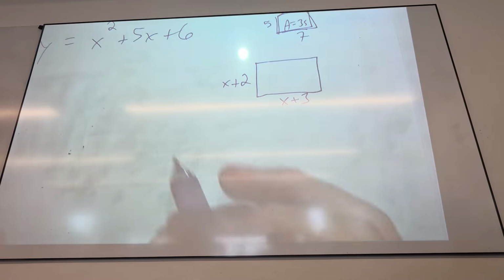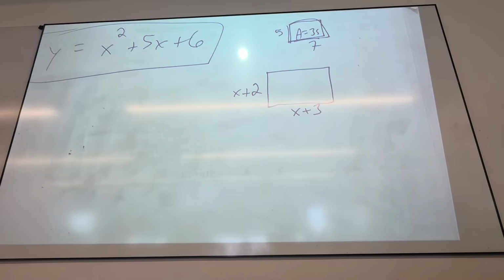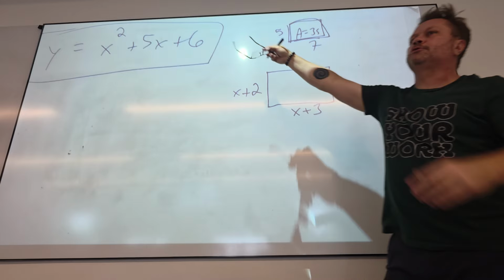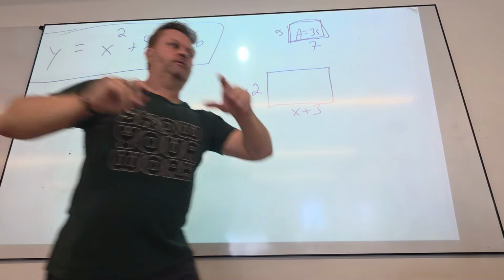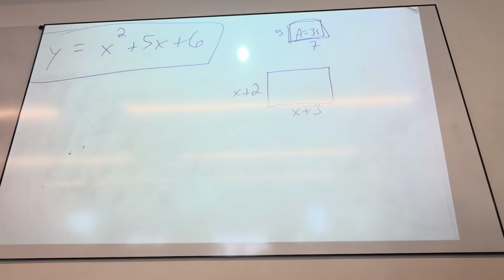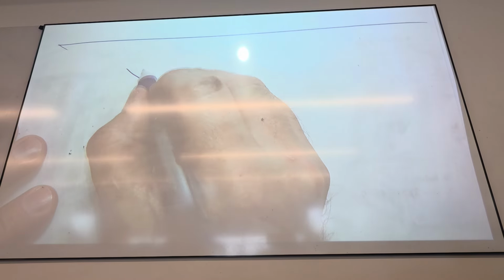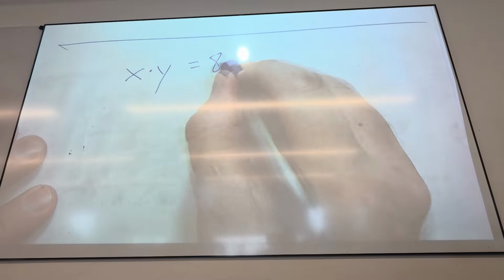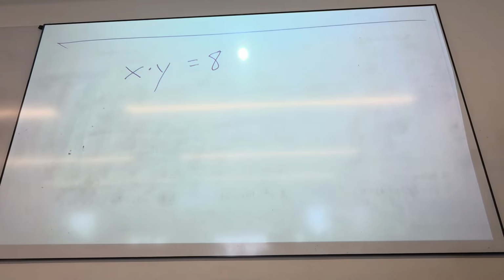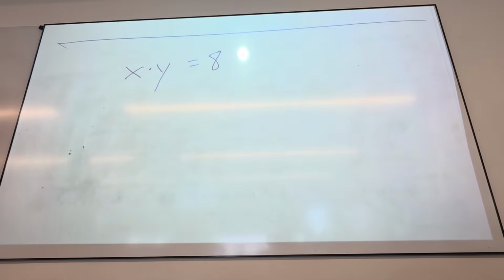So we're going to investigate how to solve formulas where this is equal to a number. Let me do the most basic example. If I told you that 2 numbers multiply to be 8, can you tell me what either number might be?